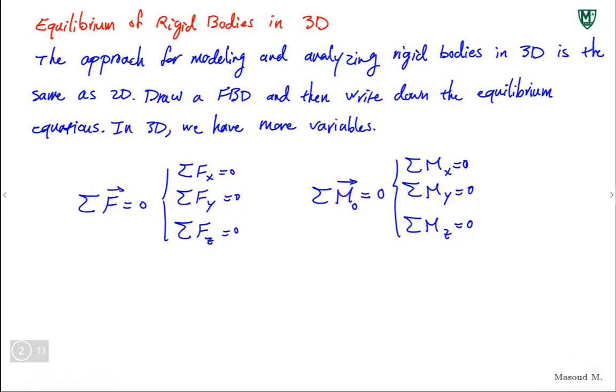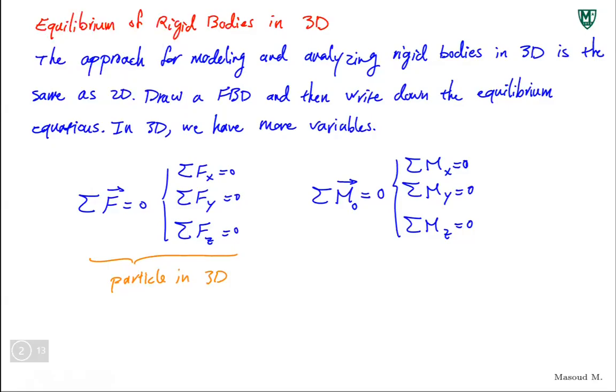Let me put it here. I want to make sure that these are connected so you know where we're going. For a point or particle in 3D, we had these equations.